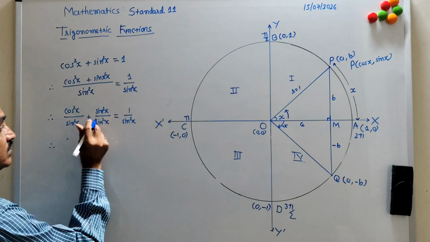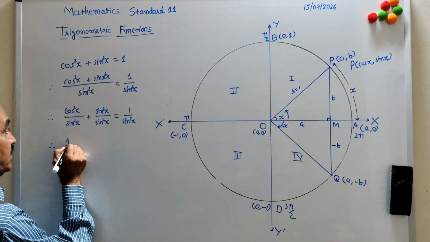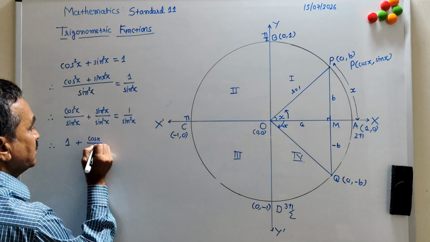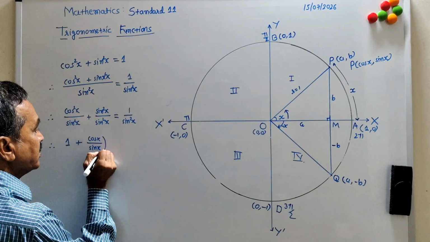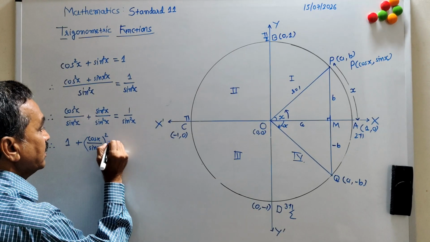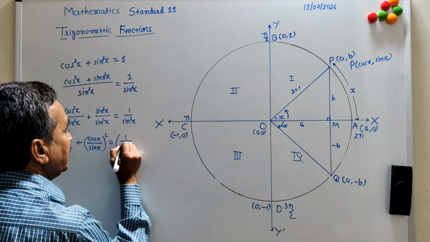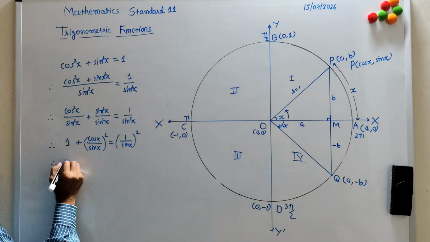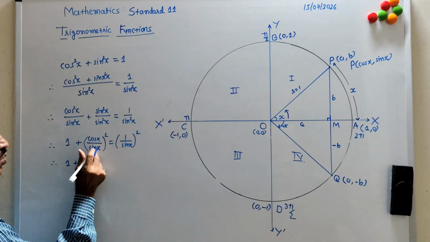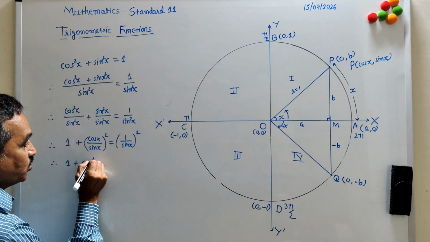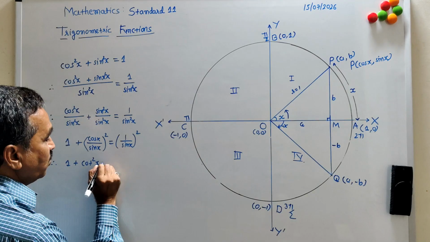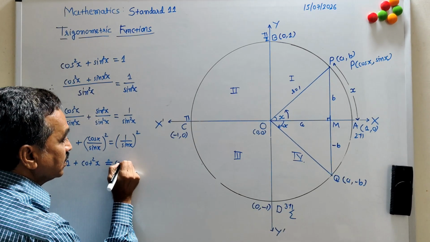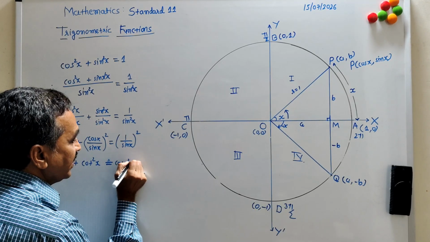Therefore 1 plus (cos x divided by sin x) whole square is equal to (1 divided by sin x) whole squared. Therefore 1 plus cot square x is equal to cosec square x.